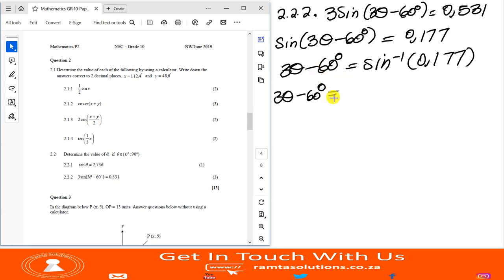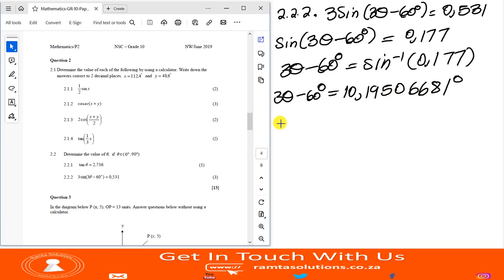So we got 10.19506681 degrees. Remember, when you say trig ratio inverse, you are finding an angle. Hence, this answer is in degrees.